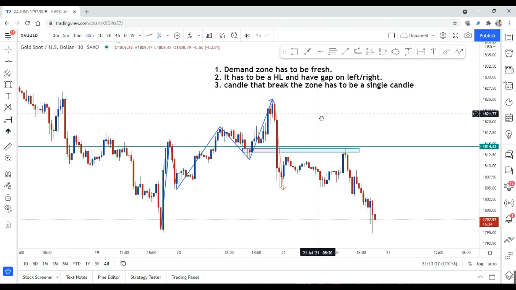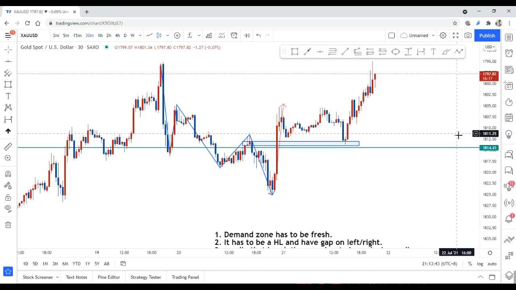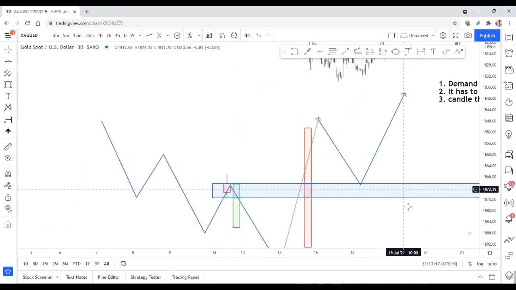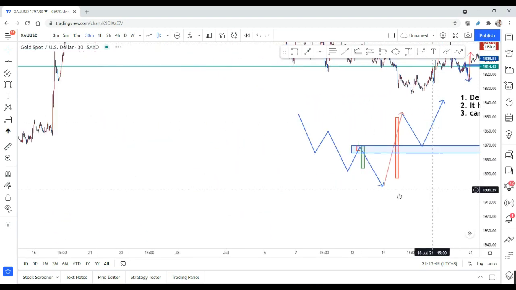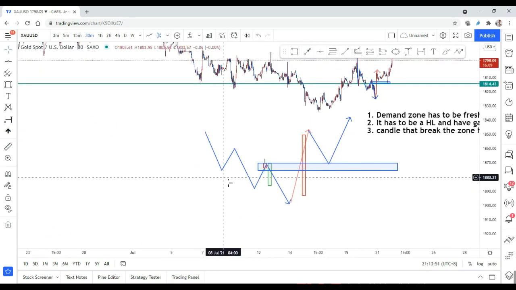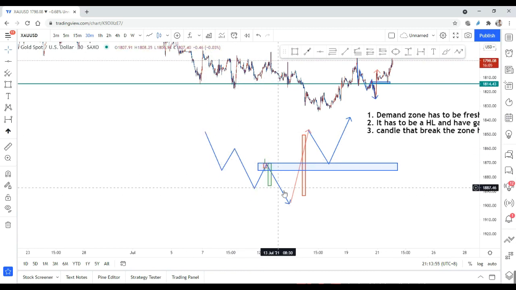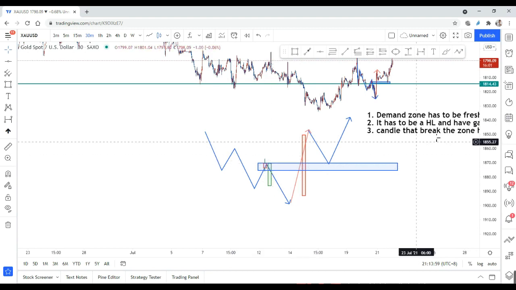Now, if you understand the sell setup, let's flip the chart and look at the buy setup. It's easier for me. So price is making a lower high, lower low, lower high, lower low. There has to be a lower high instead of a higher low.